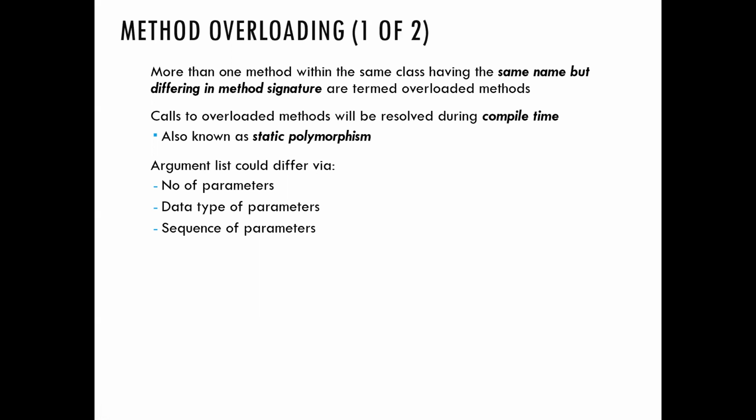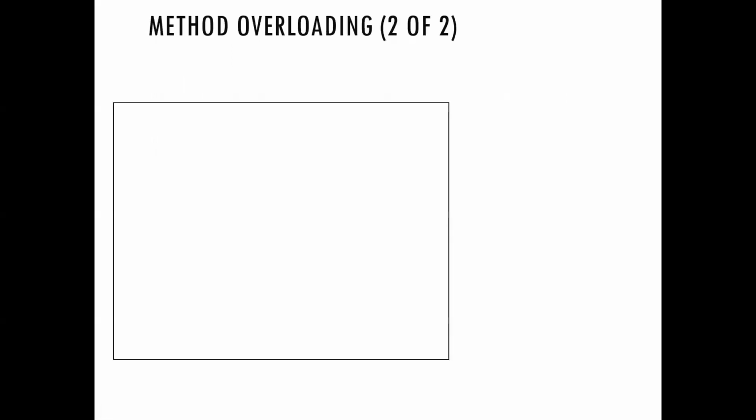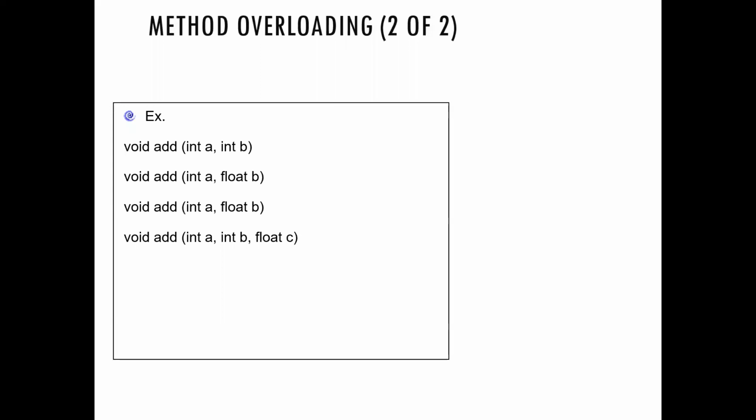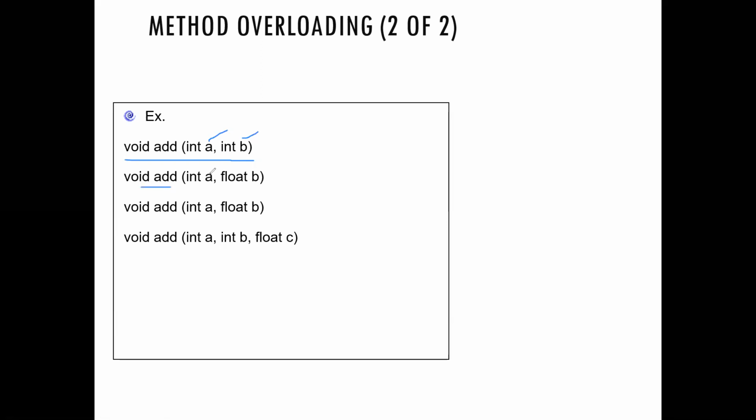More than one method within the same class having the same name but differing in method signature are termed overloaded methods. Now this is what I'm trying to tell. Let's say I have a void add which takes integer a, integer b. Same add, it takes integer a, float b. Now this is the second time it is doing the same thing.